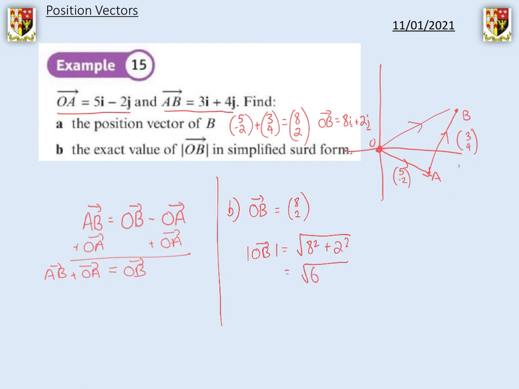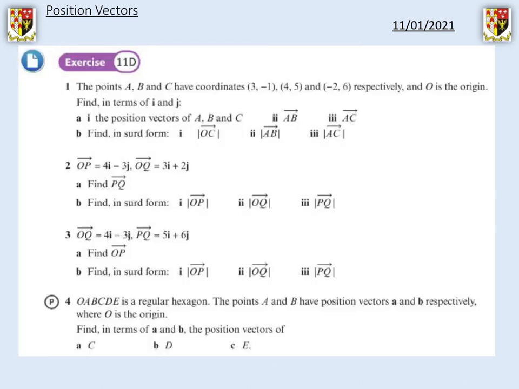So that's going to be the square root of 64 plus 4, which is just going to be the square root of 68. Because it asks for it in simplified surd form, I'll need to try and simplify my surd. Obviously, you can write it in your calculator, or you could say that 4 goes into 68, so that's going to be root 4 times root 17, so that will be 2 root 17.